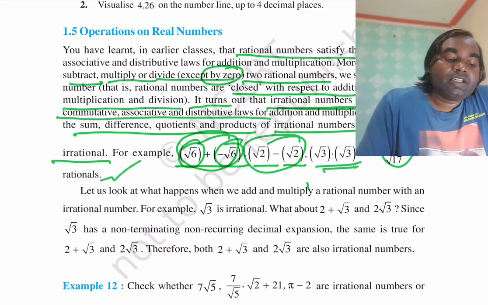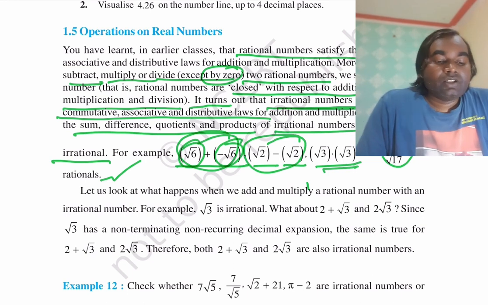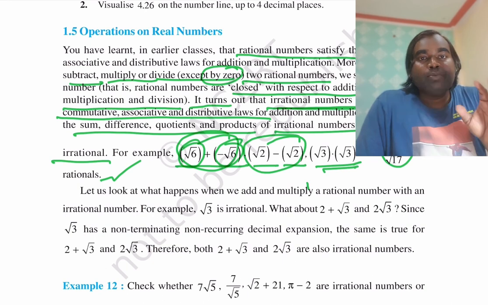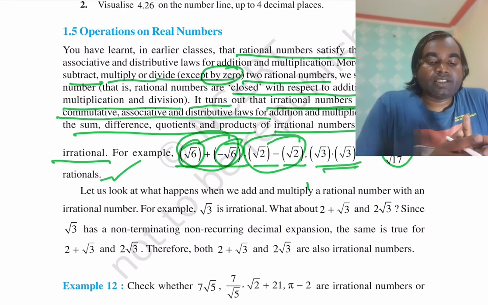So we get rational numbers, not irrational. Are you getting it? Now let us look at what happens when we add and multiply a rational number with an irrational number. One number is rational and another is irrational, and we want to add or multiply. What will be the result?